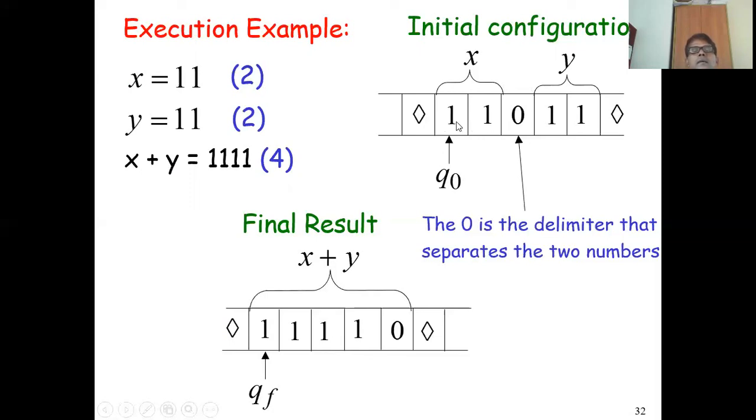Initially, the input is x and Q0 is pointing to the leftmost symbol of the input. 0 is the separator between x and y, and this is y, 1, 1. The final result should be 1, 1, 1, 1, with the 0 shifted to the right, and QF pointing to the leftmost element of the output.